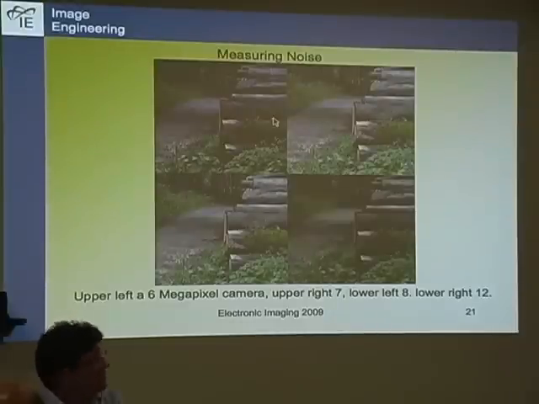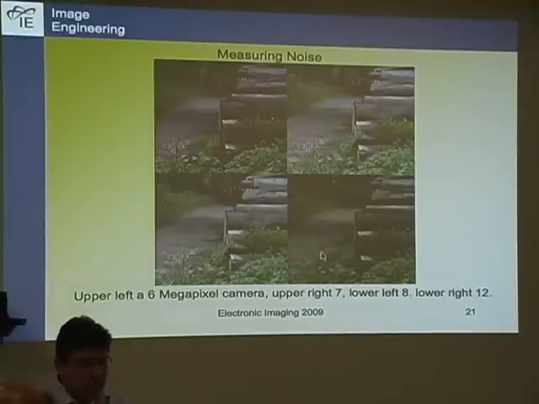And for today's cameras, this is, for example, a 6 megapixel camera. This is a 7, 8, and 12 megapixel camera. And if you look at the details of this image here, you see that there is actually more detail in this image than there is in this image of this 12 megapixel camera.